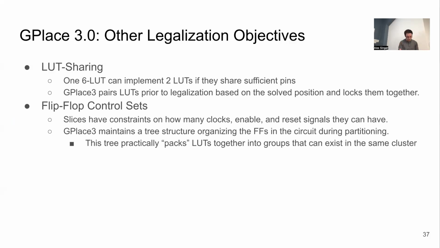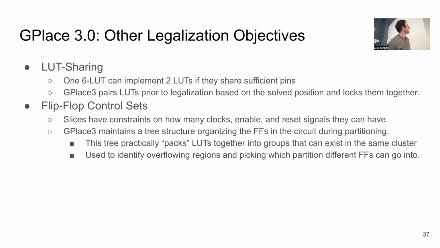If I look at all the flip-flops in my region and find 3 clock signals, I know that 2 of those can be in the same cluster and the other one has to be in another one. They use a tree structure to efficiently do this, and it's used to identify overflowing regions and pick which partition different flip-flops go into. If you all share a clock signal, you are very related, so I'm going to put you in the same cluster. That's what they do.